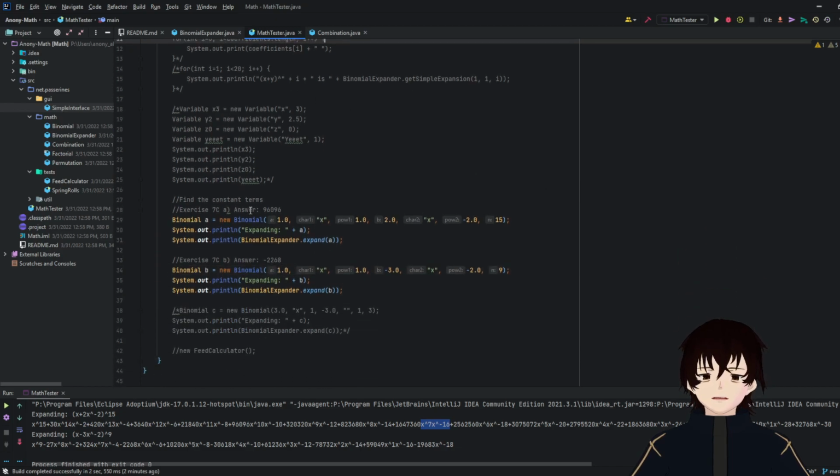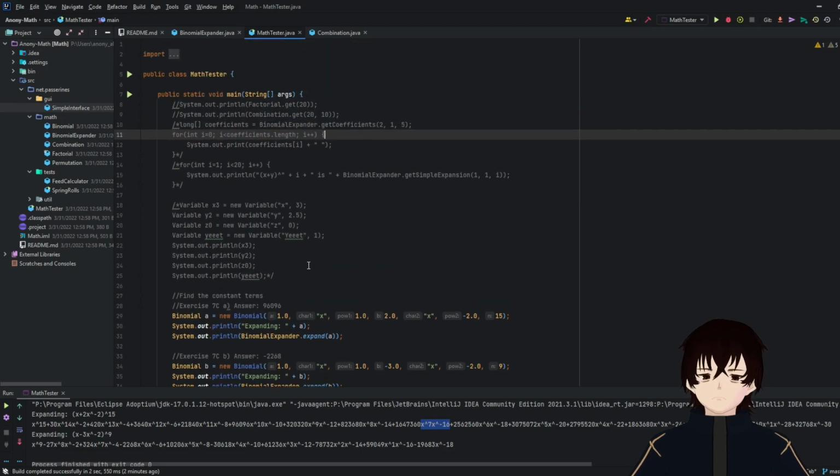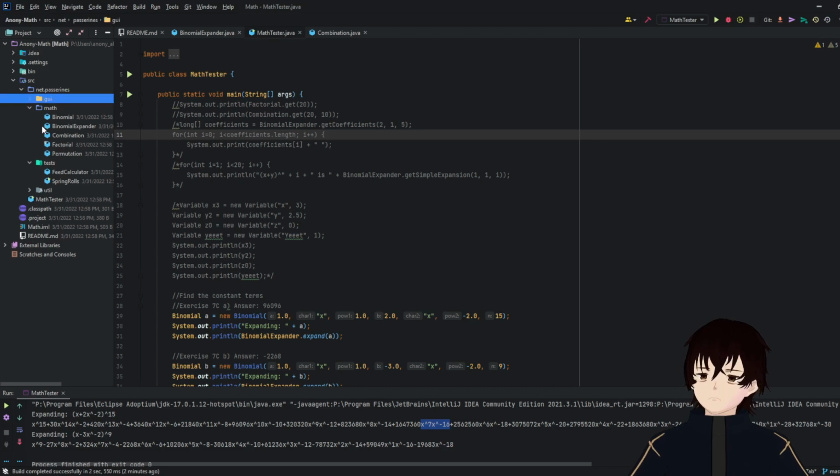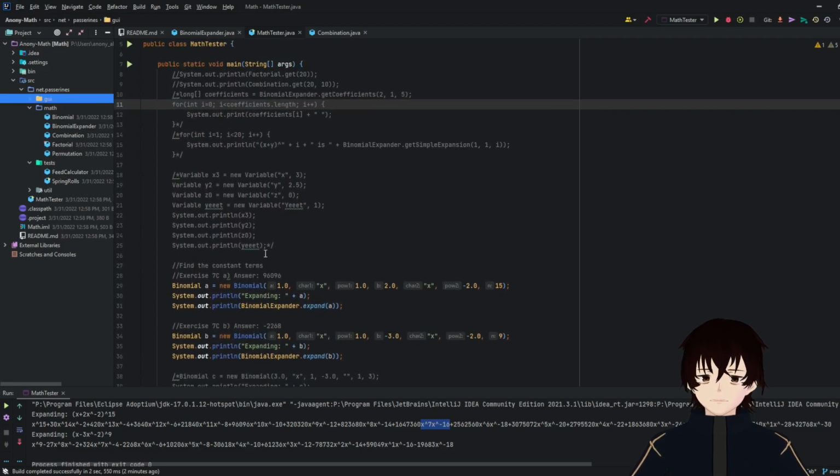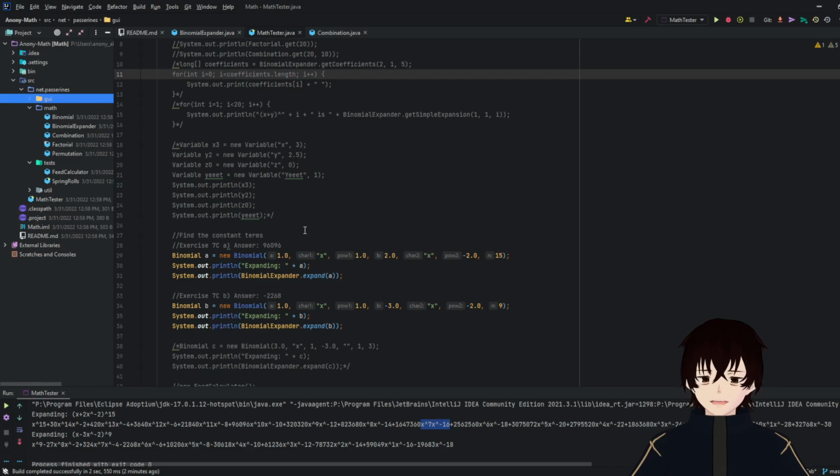What can I do here? I don't think there is anything that we can really scrap from here.